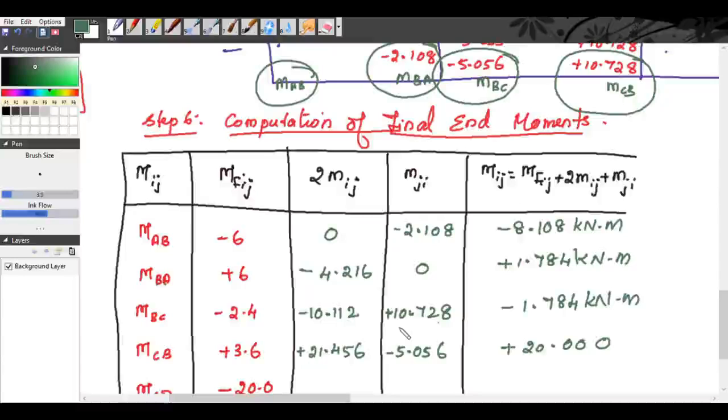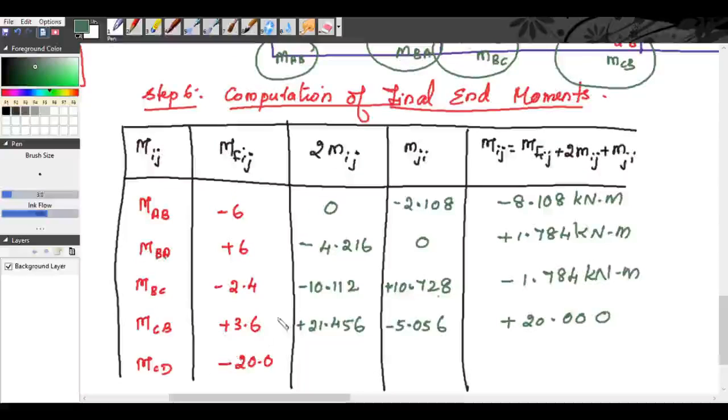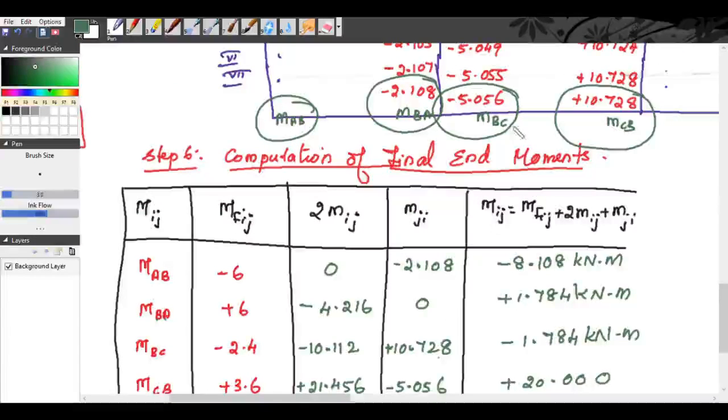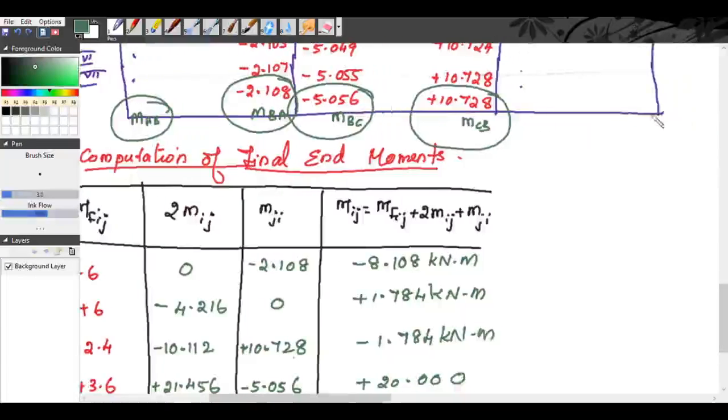Now MCD. Here you have MCD, MCD is 0 for the small m, and MDC is also 0.